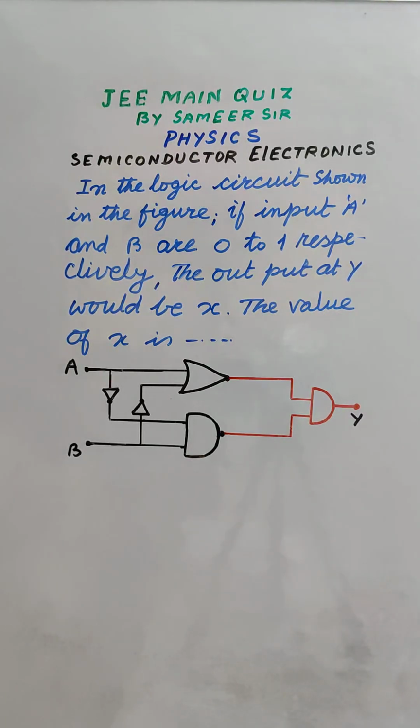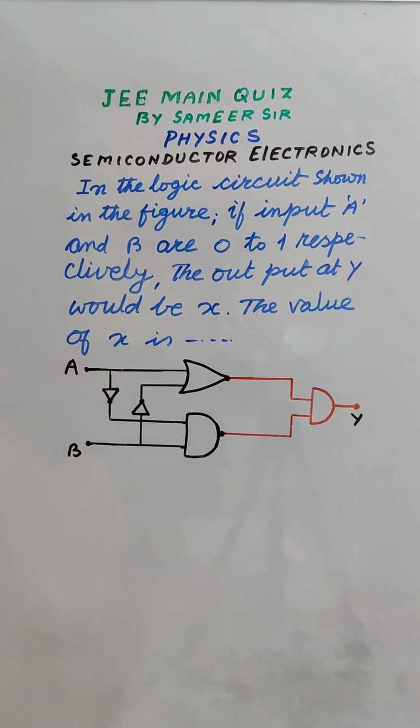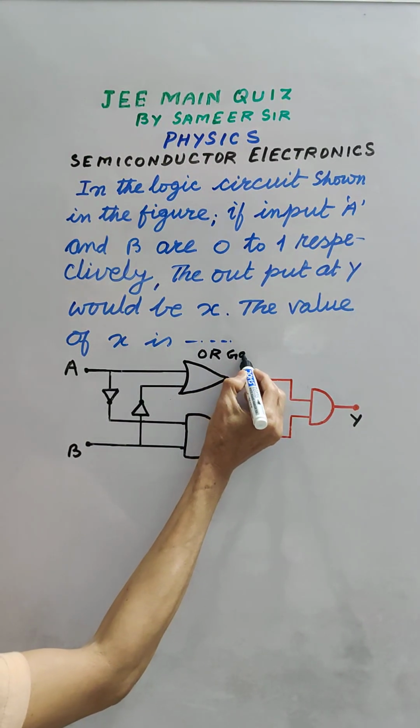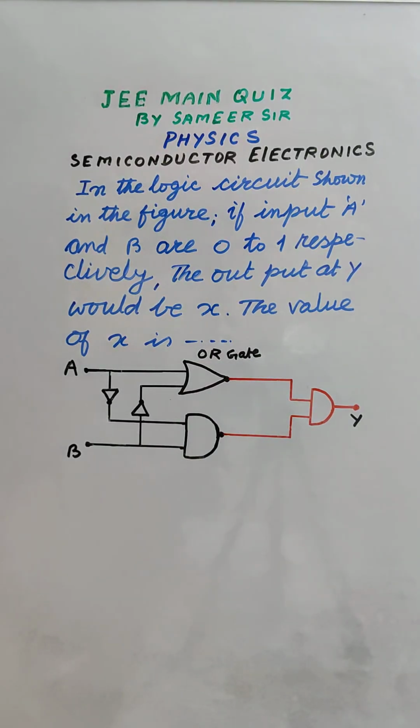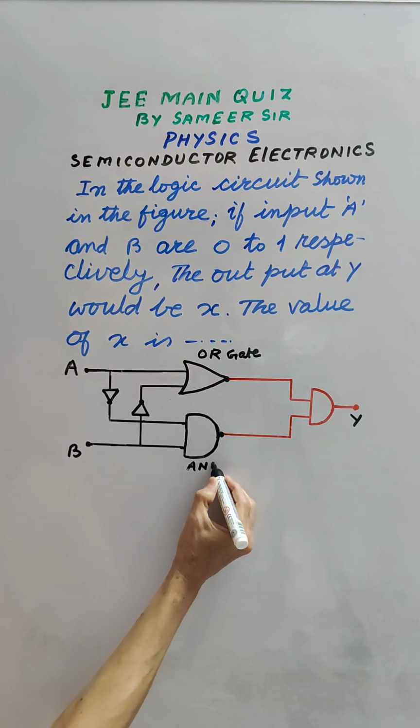Output R, it is an OR gate which negates the OR operation, and combines the signal from NOR and AND gate signals. Let me write the gates. This is OR gate, and this is AND gate.